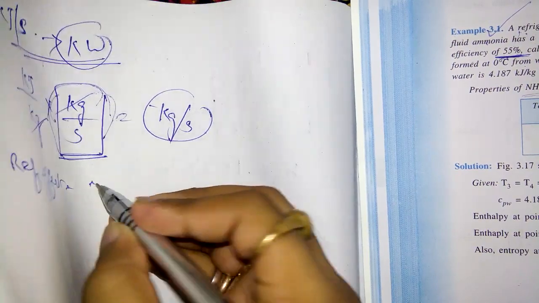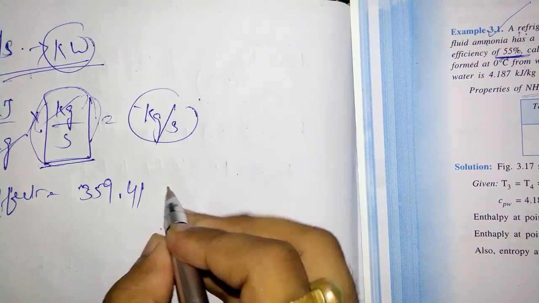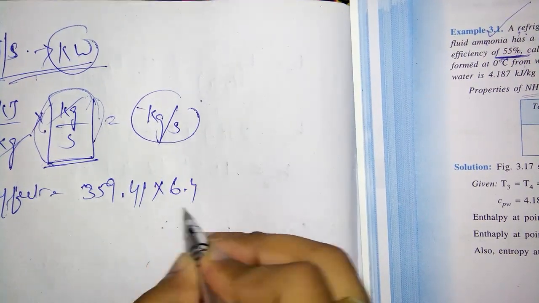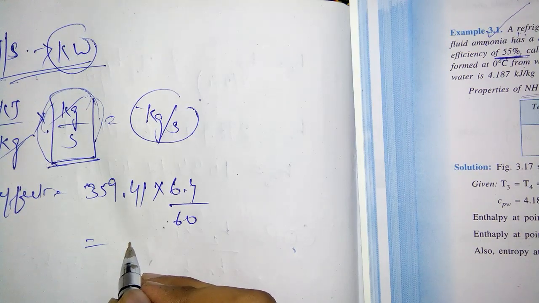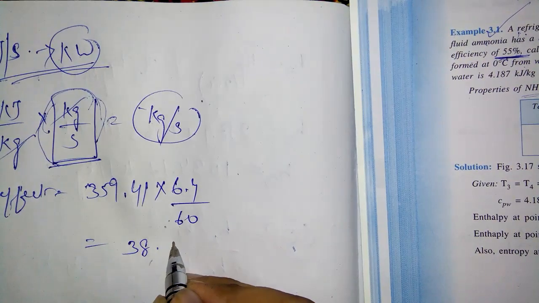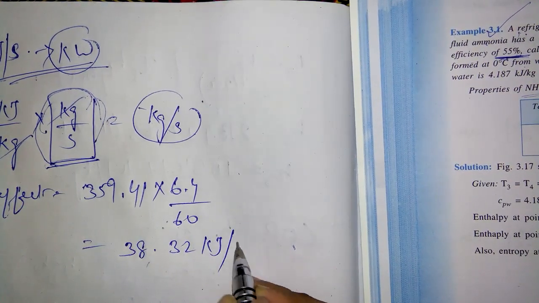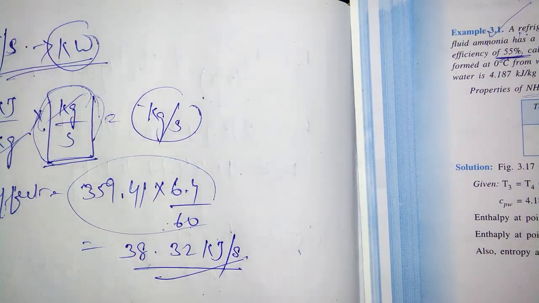It is nothing but 359.41 multiplied with 6.4 divided by 60. So I will get my refrigeration effect as 38.32 kilojoule per second. If you solve this, you will get this 38.32 kilojoule per second.